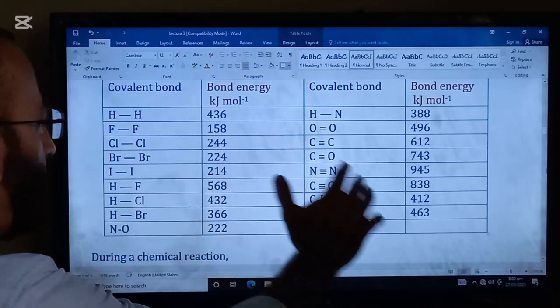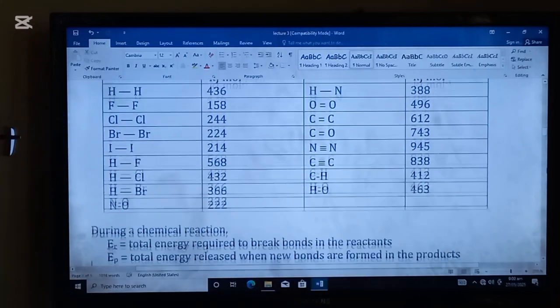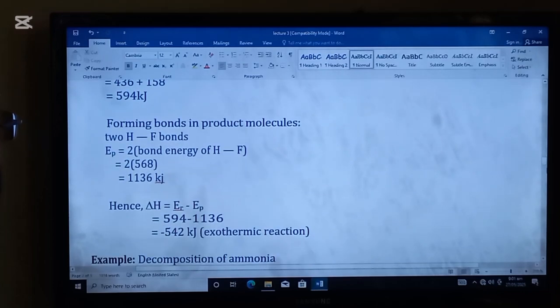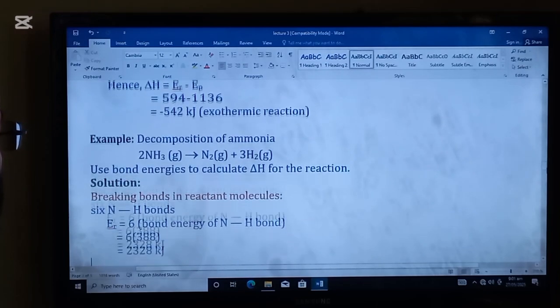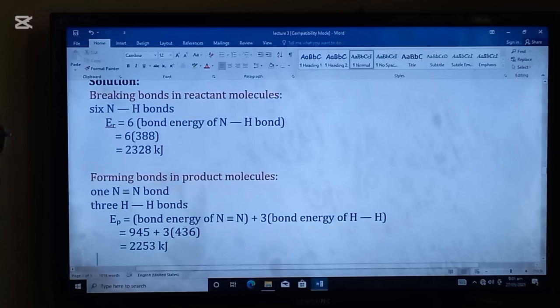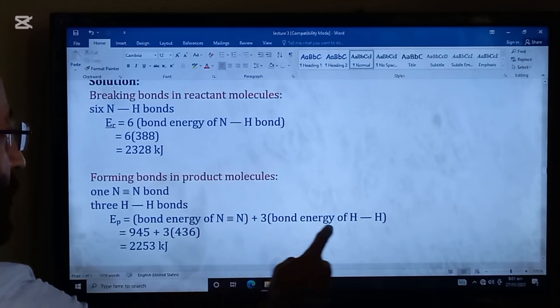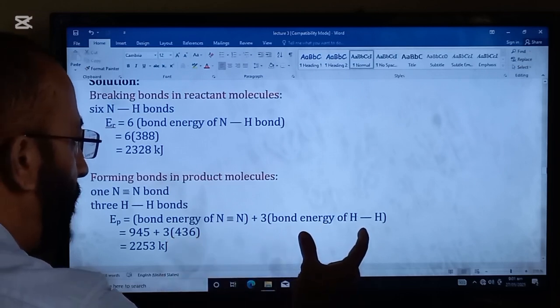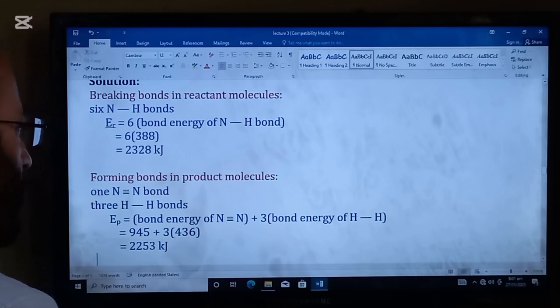Now we will put these values into the equation. So 945 was the energy of the N≡N and 436 was the energy of H-H. So we have placed 436 into the bracket, that will be multiplied by 3.